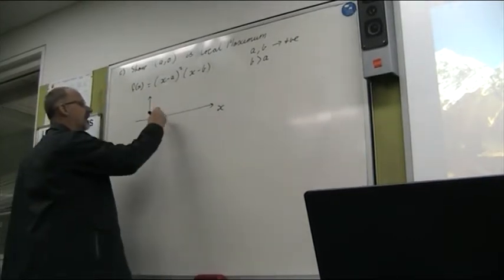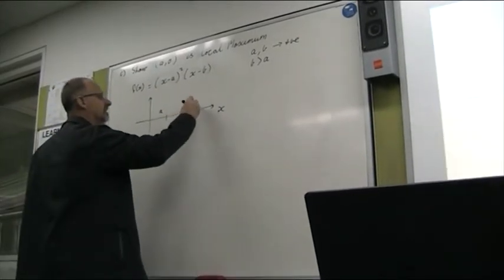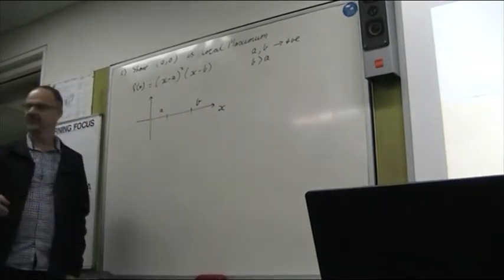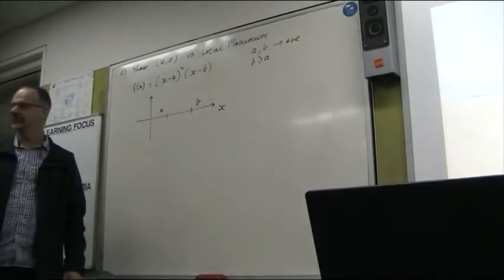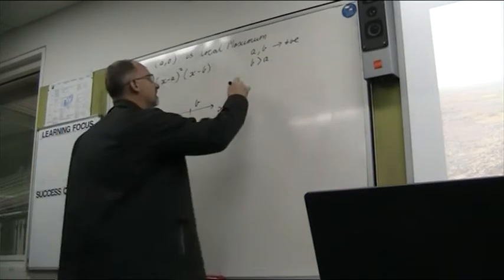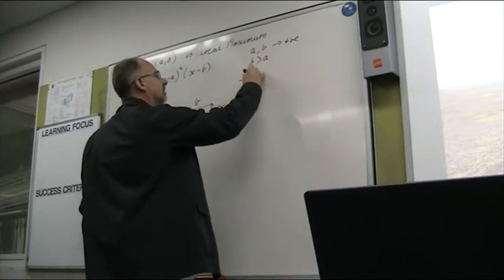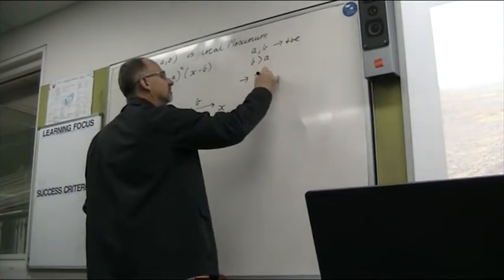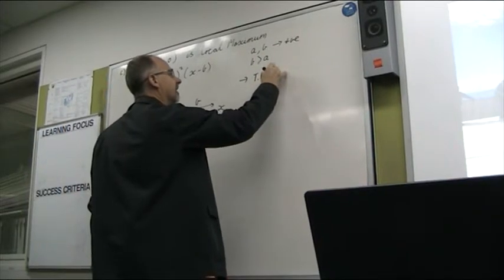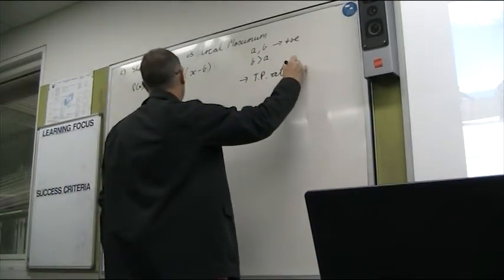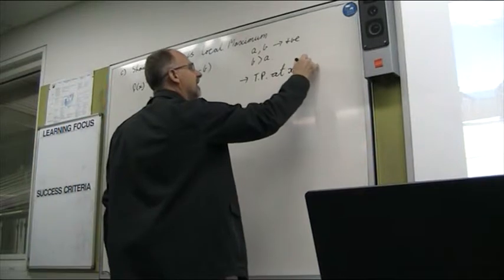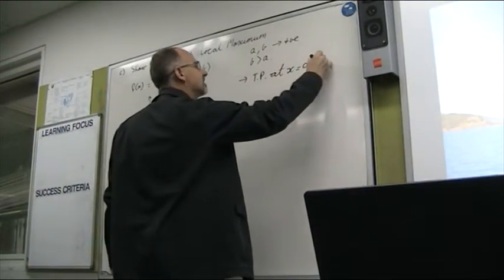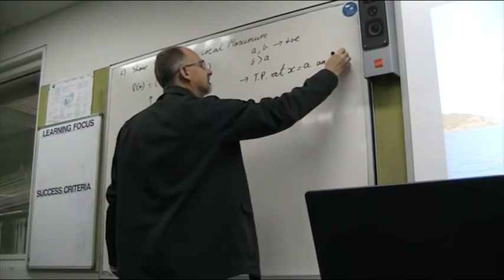So if A is here, then B is here somewhere. Yes, correct. So we've got a turning point or stationary point at X equals A on the axis. We know that bit.